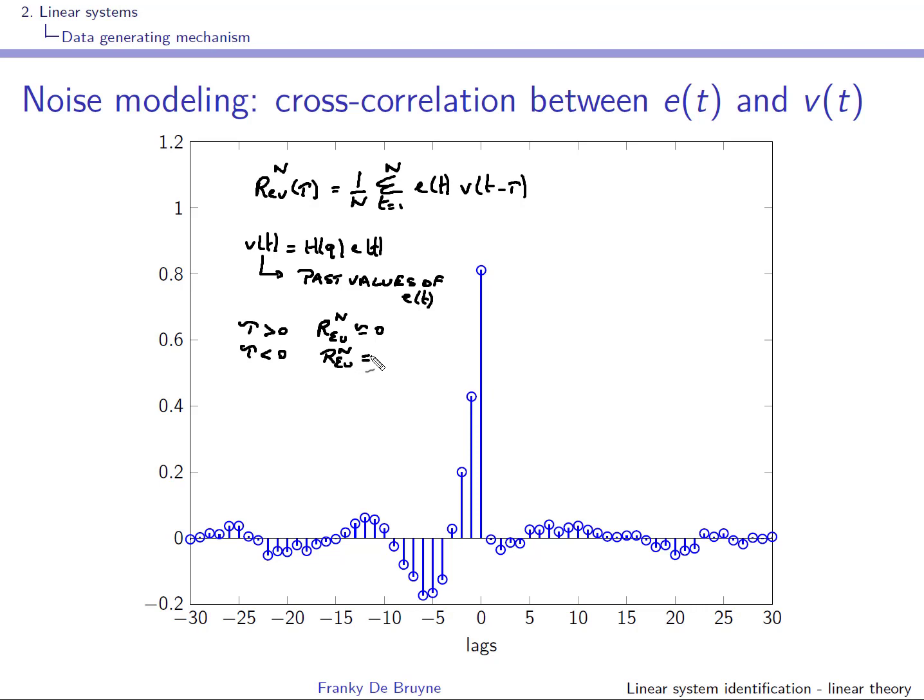So in general it will be different from 0, except if you take lags that become too negative, because there you lose the correlation. So here to the right we say approximately 0. This is again because we compute this cross-correlation based on a finite data set. If you would increase n, these values would go to 0 with n increasing.